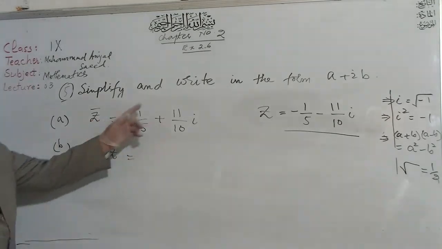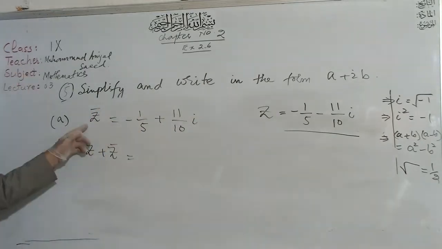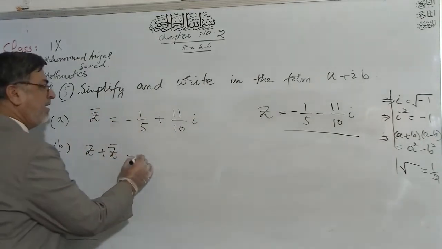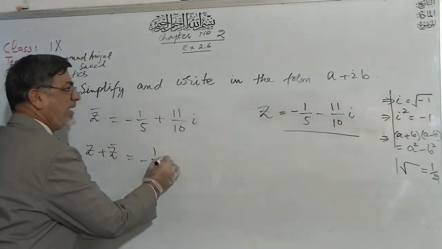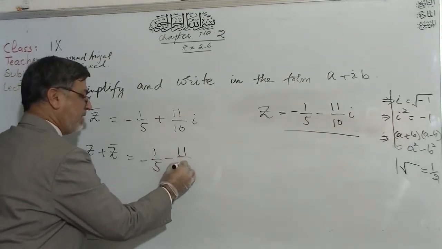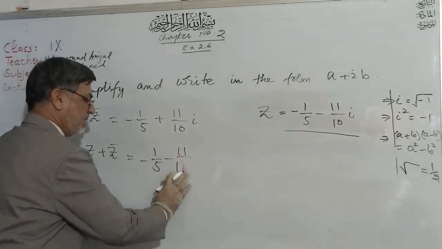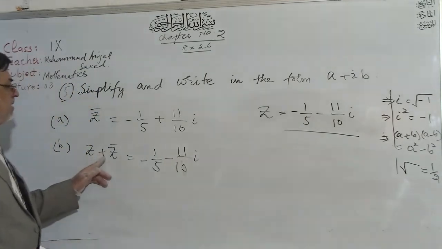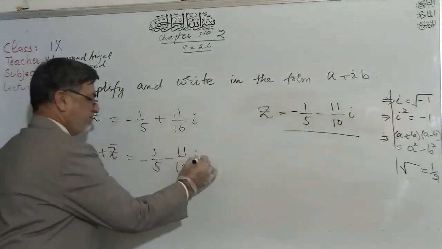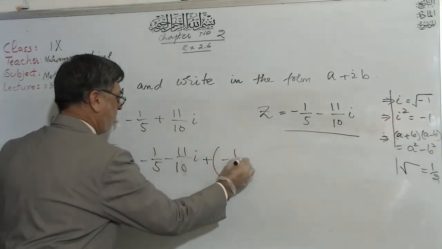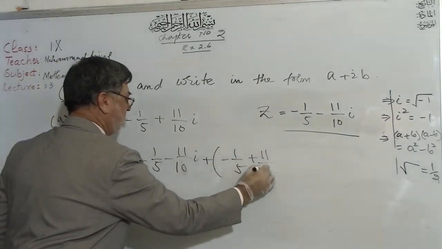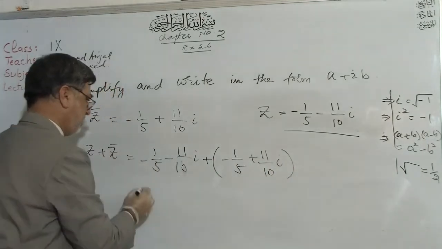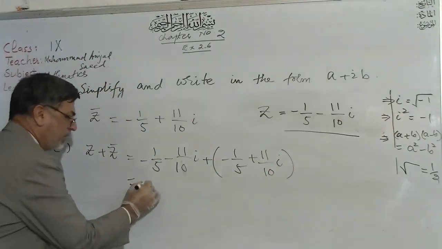Apply the value of Z and Z bar. Here you apply minus 1 over 5 minus 11 over 10 iota plus Z bar, which is minus 1 over 5 plus 11 over 10 iota. Open up the brackets.